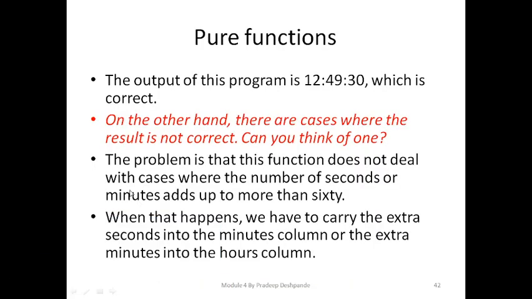Then, pure function. There are cases where the result is not correct. Sometimes when the number of seconds is more than 60, 1 minute is increased. Similarly, when the number of minutes is more than 60, 1 hour is increased.